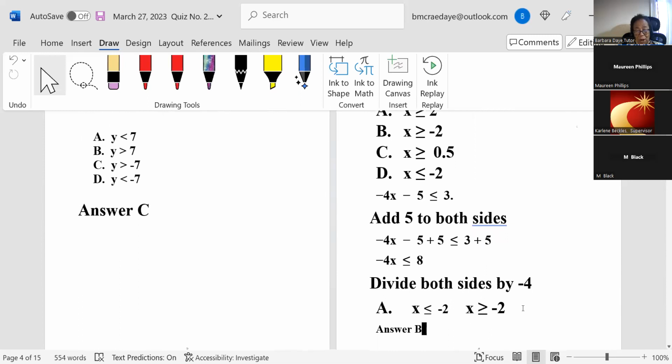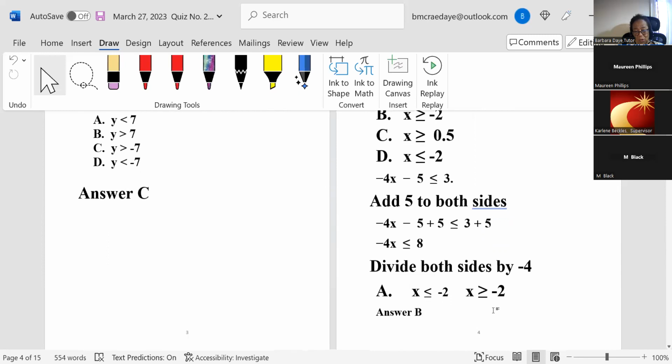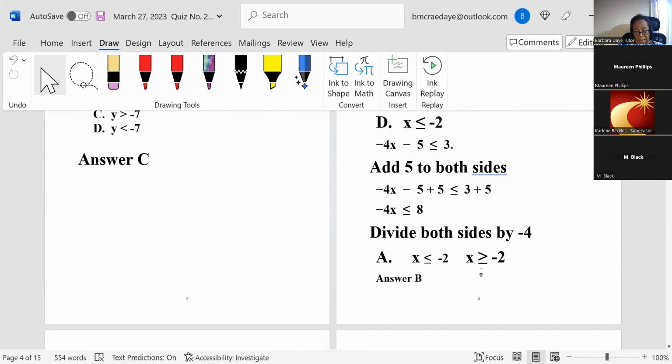Now we want to graph this on the number line. Greater than or equal will be a shaded dot. When it's greater than or equal, or less than or equal, it's shaded.